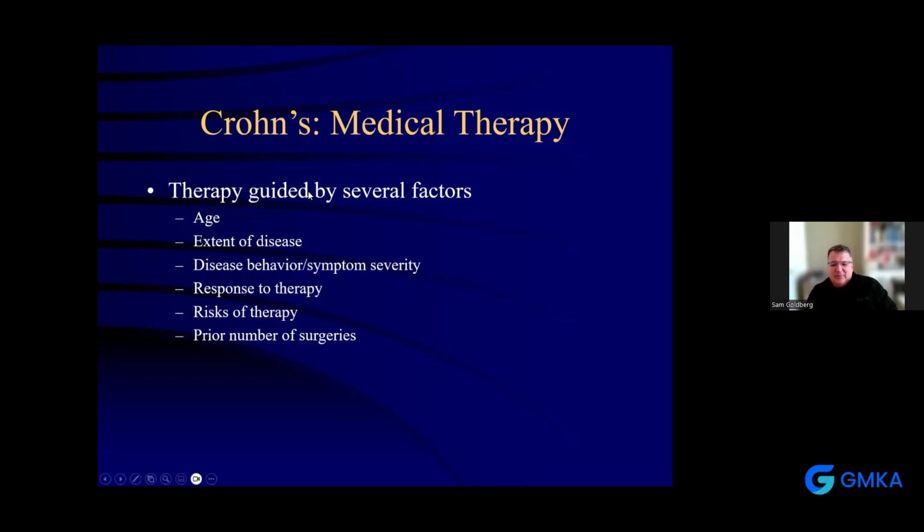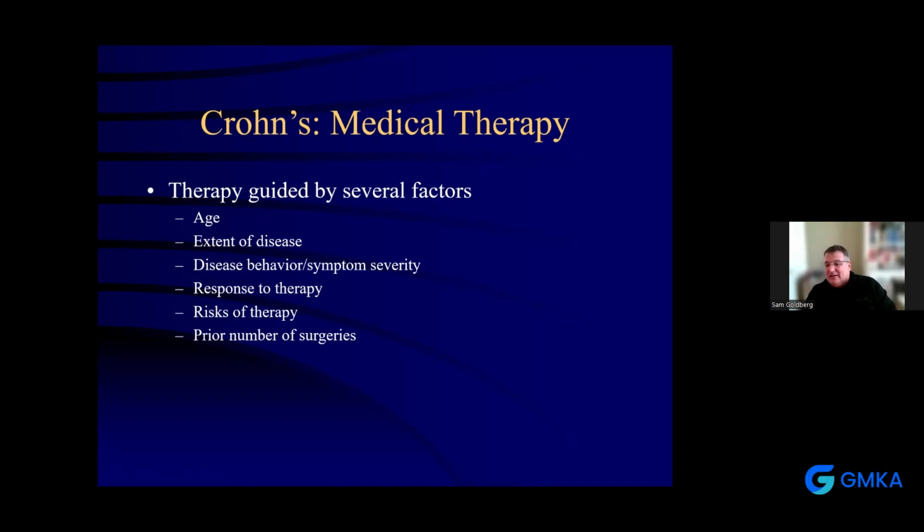So the therapy is guided in general by several factors: the patient's age, the extent of the disease, the behavior and the symptom severity. So somebody who has mild Crohn's disease, they're 65 years old, and they have very localized disease in the ileocolic region. They've had the disease for 35 years and they have no obstructions. I might just have that person on a 5-ASA agent, right?